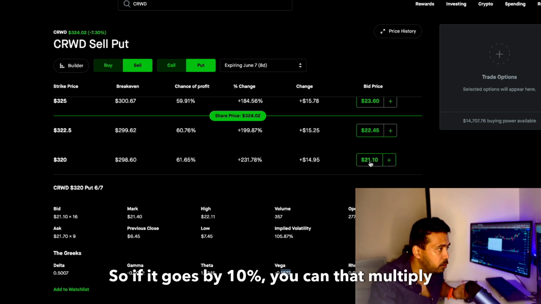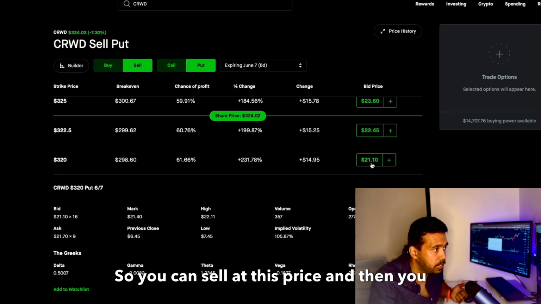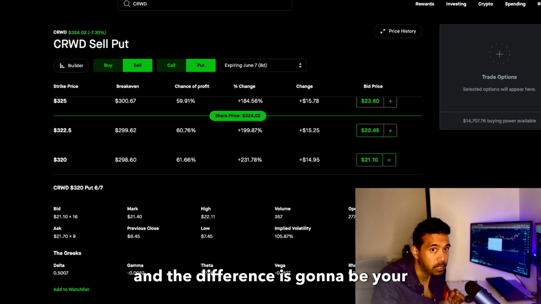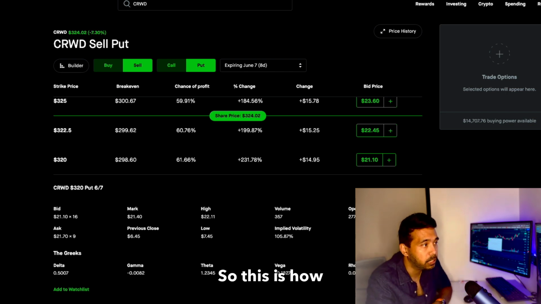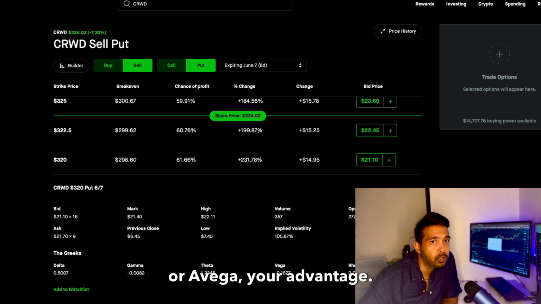So if it goes down by 10%, you can multiply that and find out what your new price would be. You can sell at this price and then buy it back, and the difference is going to be your profit. So this is how you can use IV or Vega to your advantage.